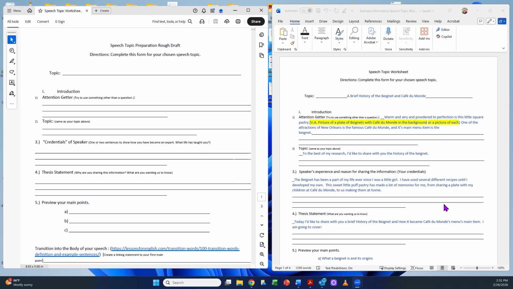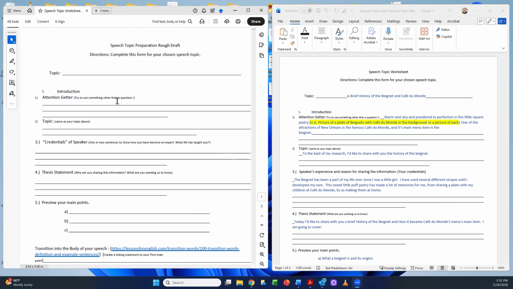In the informative topic worksheet, which is what we're talking about today, I'm going to have the example of a brief history of the beignet and Café du Monde. If you look at the blank topic worksheet, it's set up a lot like the demonstration how-to worksheet because you're using basically the same format when you build any speech.